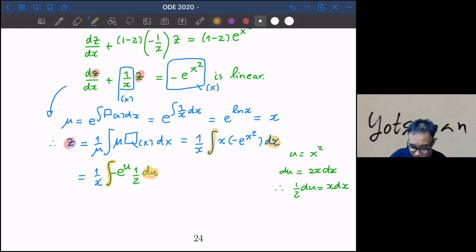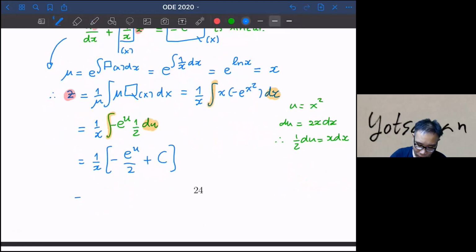You integrate this one, and you get 1 over x times negative e to the u over 2 plus C. So you would have 1 over x times negative e to the x squared over 2 plus C. This one will be your final answer.